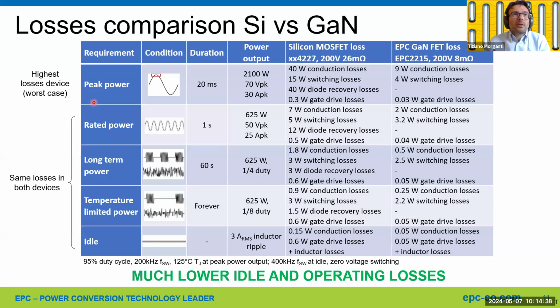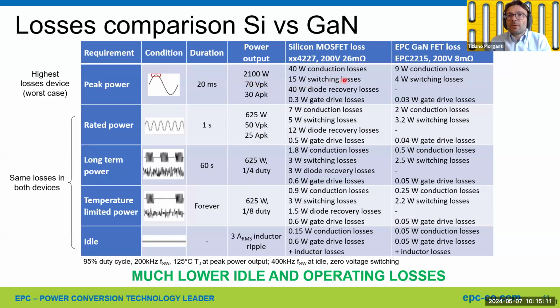In terms of losses comparison, the silicon device compared to the EPC2215, we have the worst case scenario, the peak of the sine wave where we deliver the full output current for maybe a short term, meaning that at low frequency, this area here can last maybe 10 or 20 milliseconds.